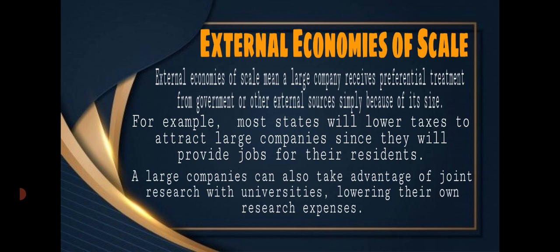A large real estate developer can often convince a city to build roads and other infrastructure, saving those costs. Large companies can also take advantage of joint research with universities, lowering their own research expenses.